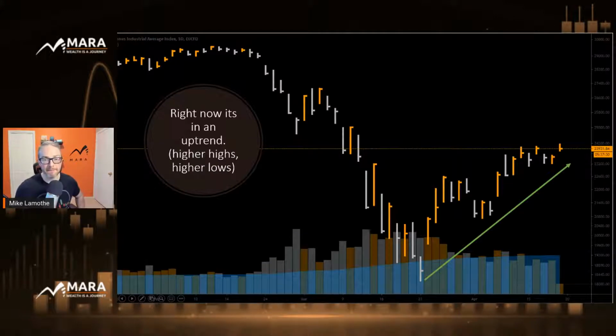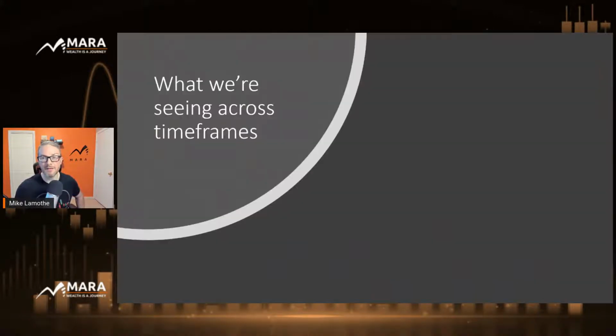Next up is what we're seeing across the time frames. Thinking back for a moment to what we were looking at on the monthly, weekly, and daily charts, what were we seeing across those time frames? On the monthly time frame, it was in a downtrend. On the weekly time frame, we saw uptrends, and on the daily time frame, we also saw uptrends.